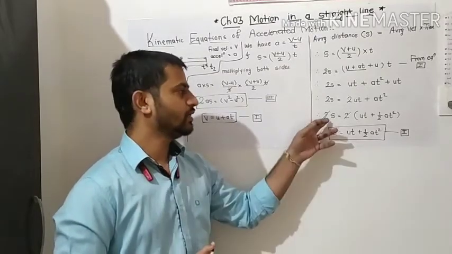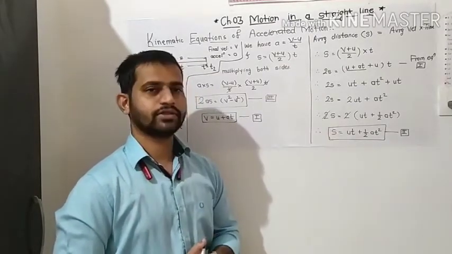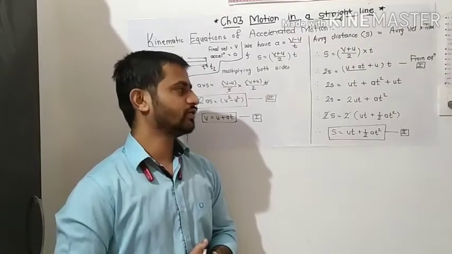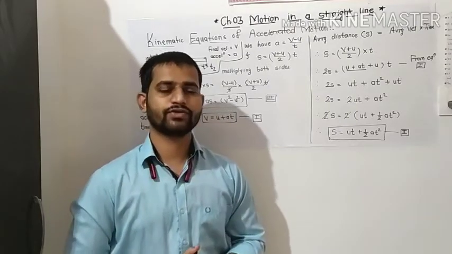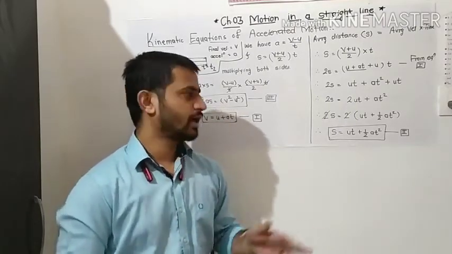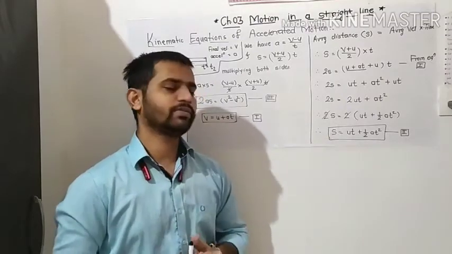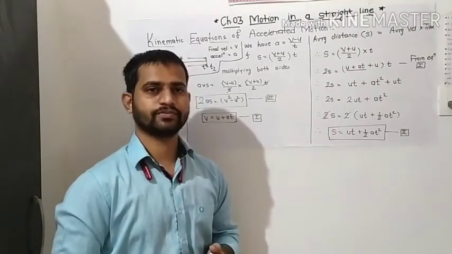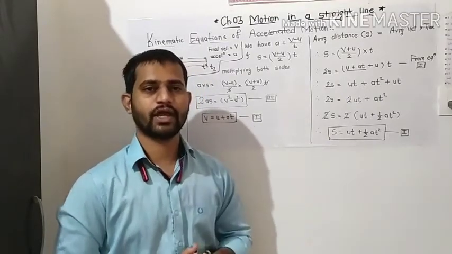Taking 2 common, s is equal to ut plus 1/2 at square. This is the second equation of kinematics.